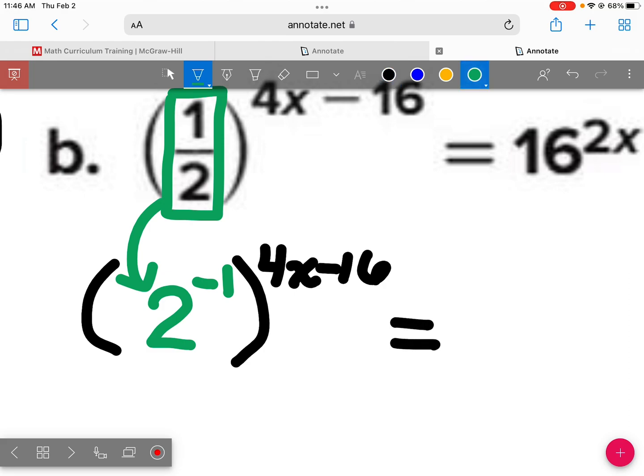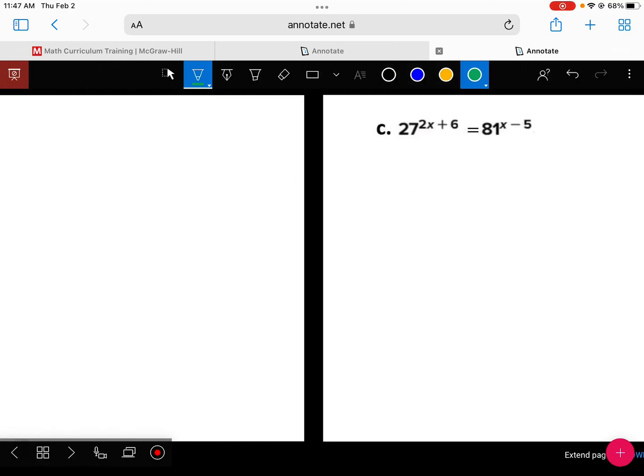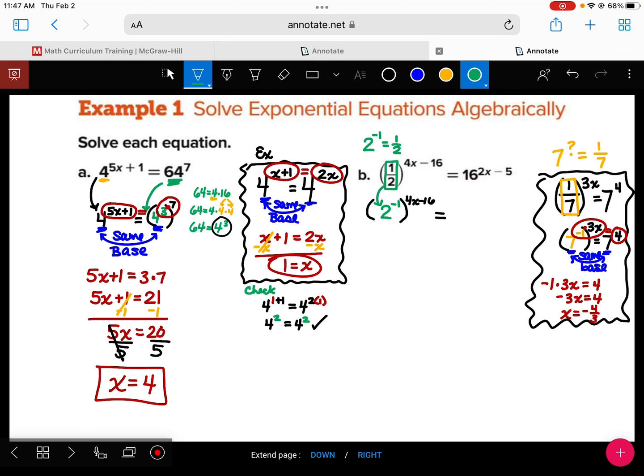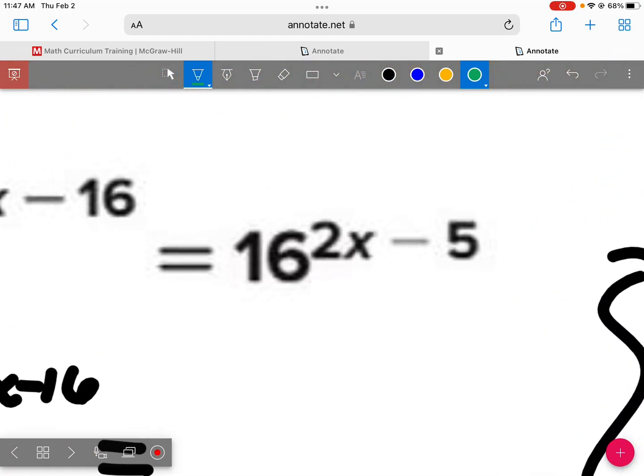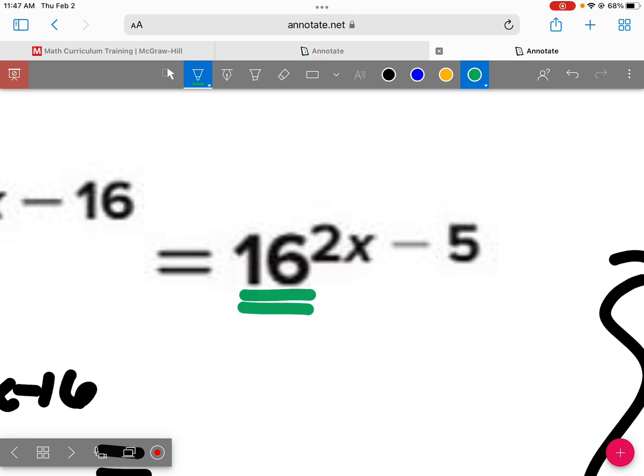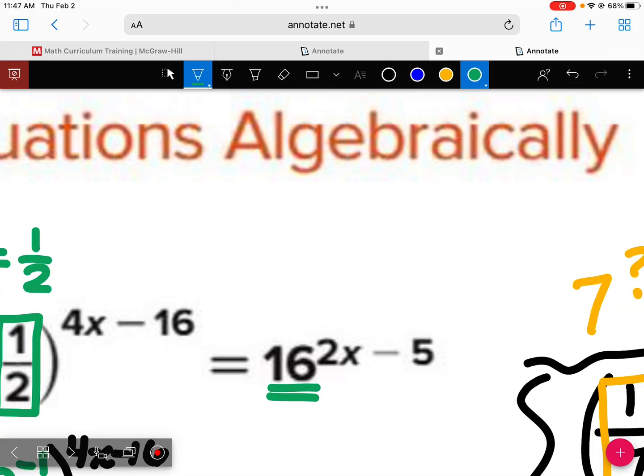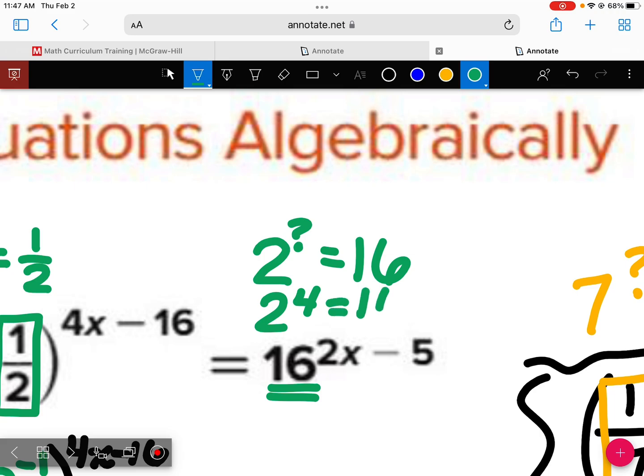Equals, well, now I'm coming over here. What do I want this base to be? 2. 2 to what power gives me 16? 2 to the 4th power gives me 16.